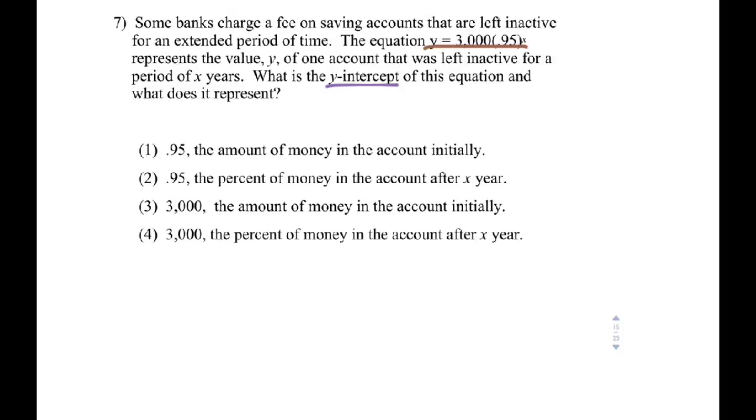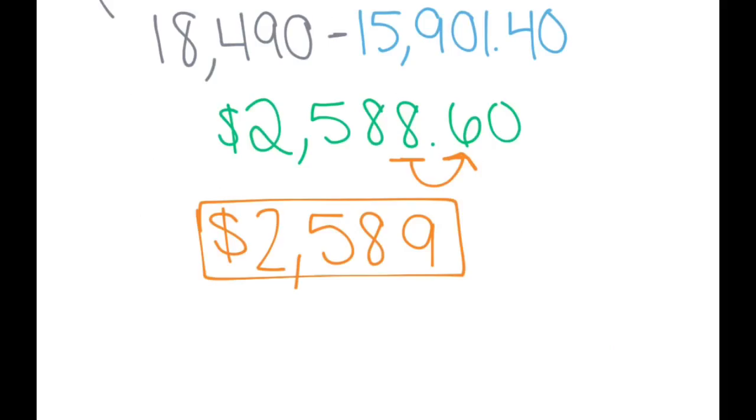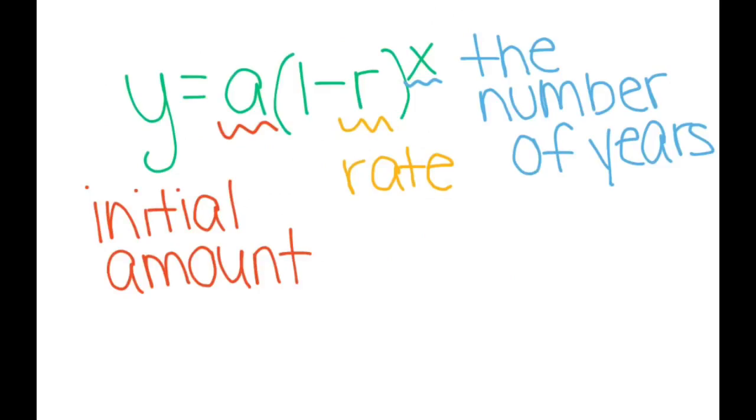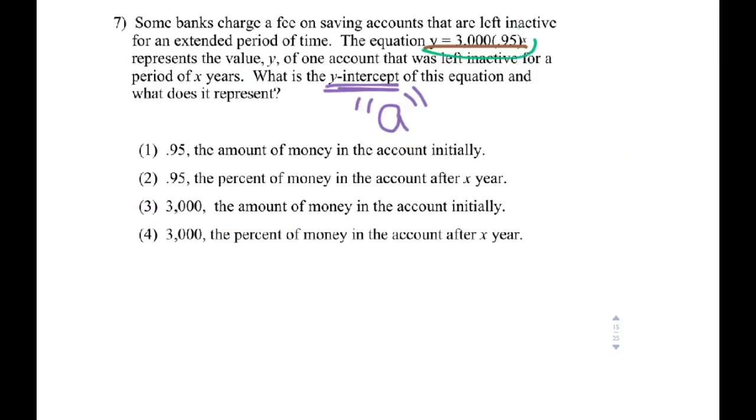The y-intercept of the equation is your a variable, or your initial amount. So in this equation, the y-intercept would be 3,000.